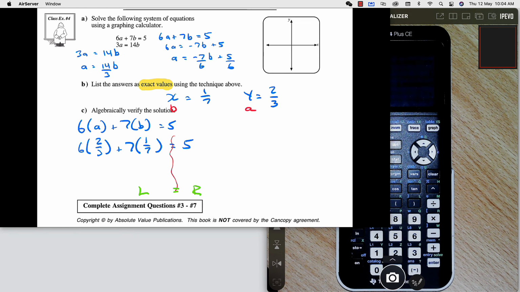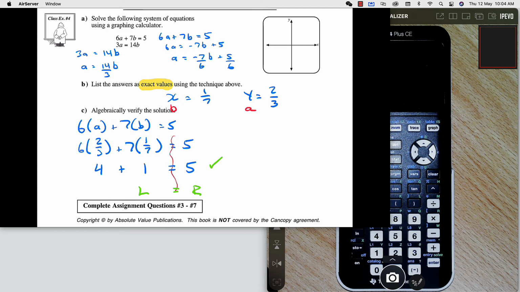So let's just do the math to verify this. In this case right here, we got 6 times 2, which is 12, and 12 divided by 3 gives us 4, plus 7 times 1 is 7, and then divided by 7, 7 divided by 7 is 1, and is 4 plus 1 equal to 5, and the answer is yes.